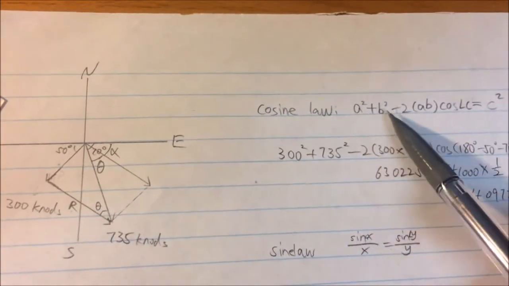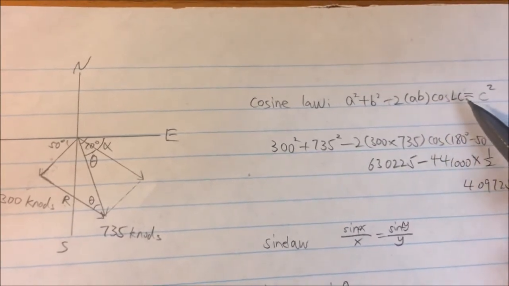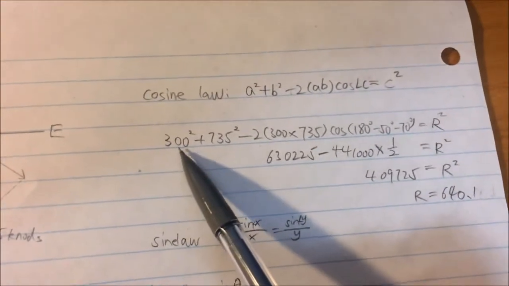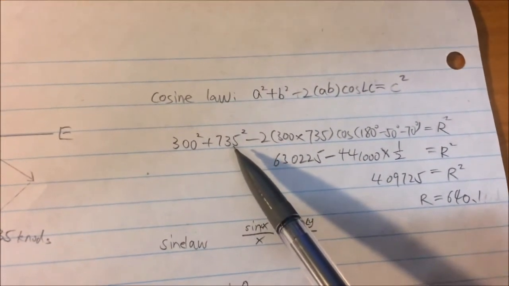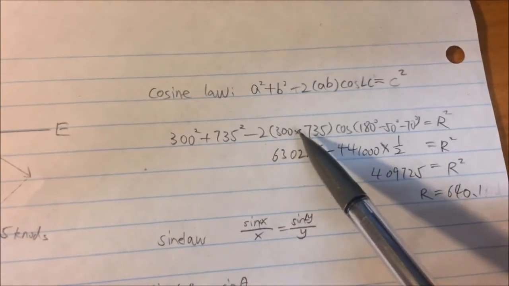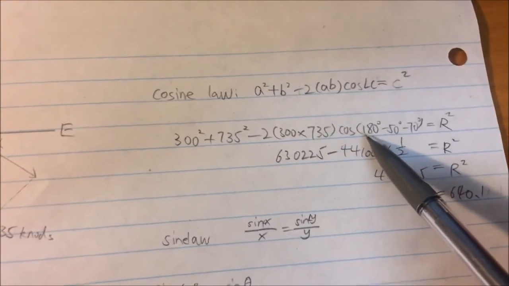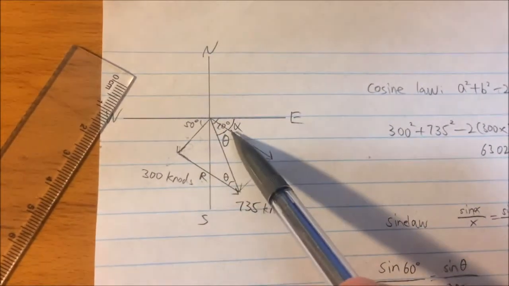So a squared plus b squared minus 2ab cosine angle C is equal to c squared. This is the cosine law. So we have 300 squared plus 735 squared minus 2 times 300 times 735 cosine, because right here this is 180, this is 50, this is 70.